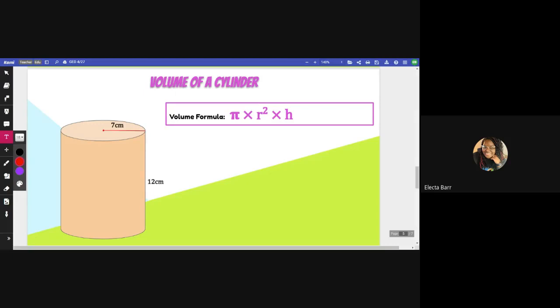So when we're talking about the volume, we already discussed that whole idea of radius and diameter. And we know that H in this case would mean the height. So how tall is your can, or how tall is your cylinder? One thing that we didn't really discuss, but I'm sure you are probably familiar with, is this symbol here. This is pi. Does anybody know what the value of pi is?